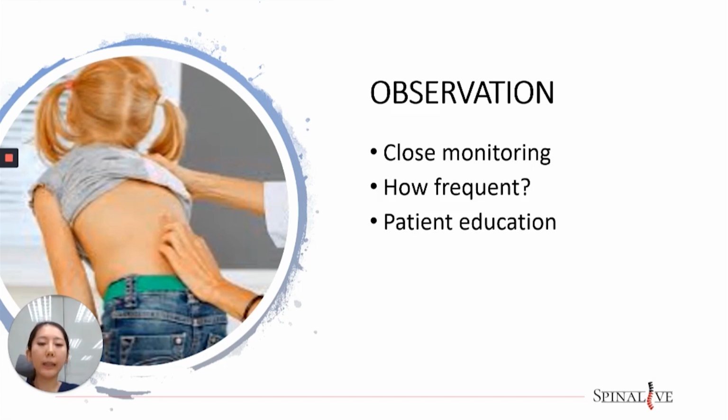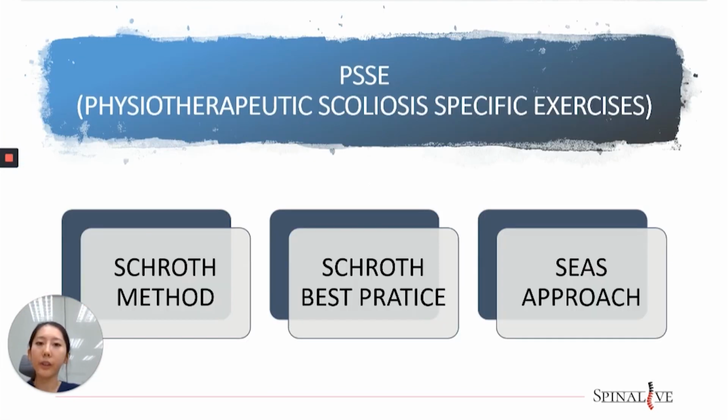Okay, and also patient education: having a good upright posture, sitting posture, ergonomics, and also educating the parents about the importance of checking their kids' backs every few weeks. Get them to do a simple Adams test to look at whether there is any hump at certain areas.